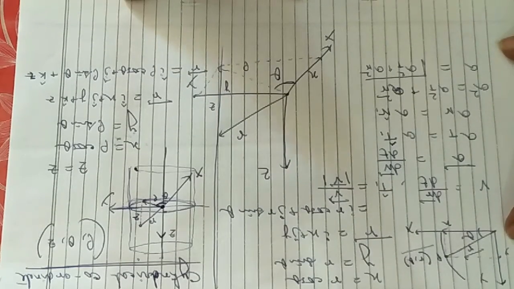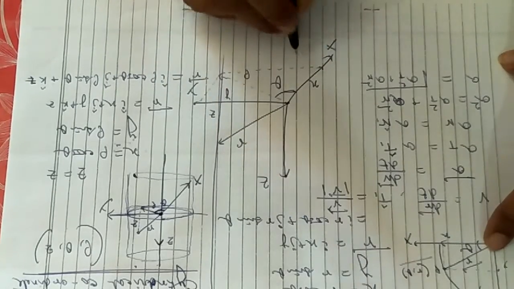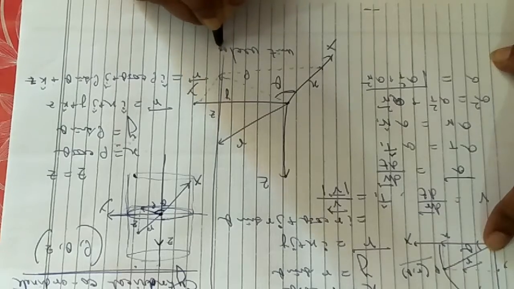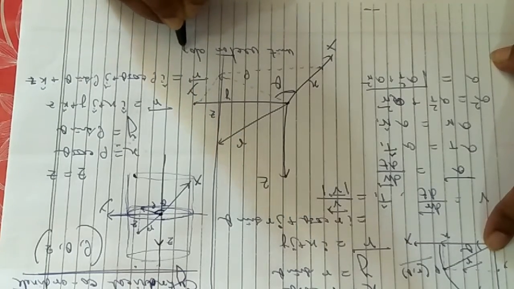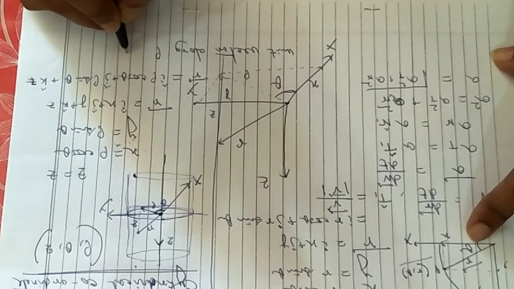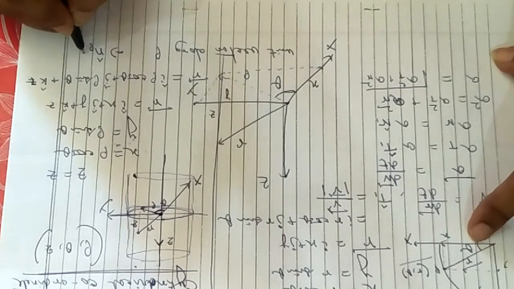That I am showing you. What will be the unit vector along rho? The unit vector along rho will be n rho cap. How to calculate n rho cap?